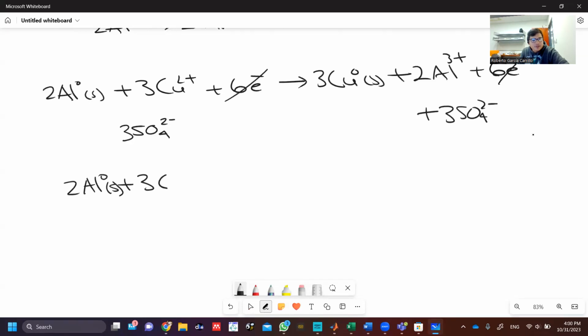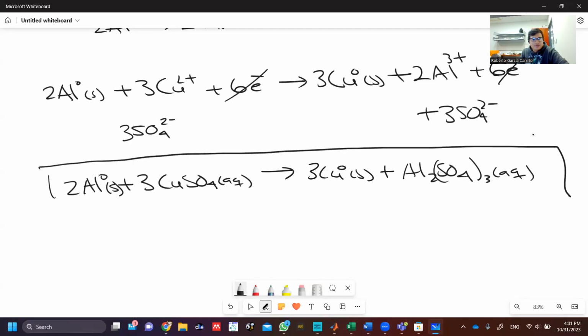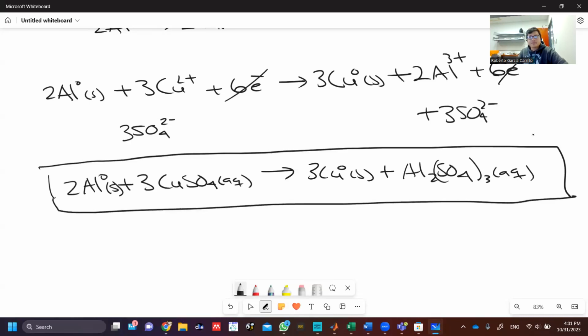This is 3 copper sulfates aqueous, and you recover 3 atoms copper plus 1 aluminum sulfate, which is aqueous. And this is the overall balanced equation for the reaction number 5.